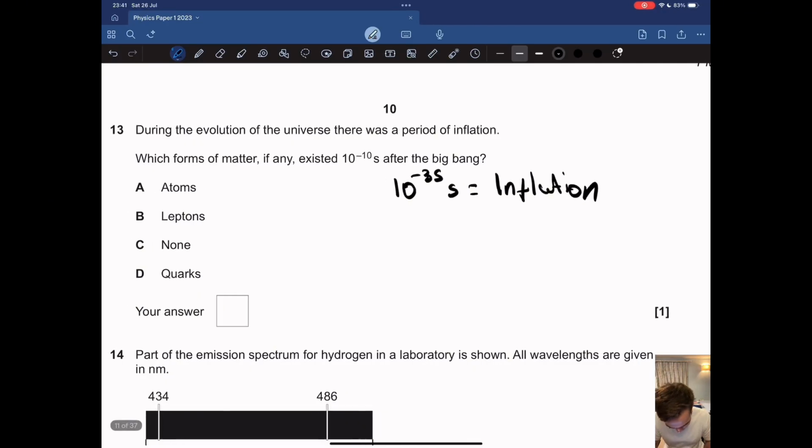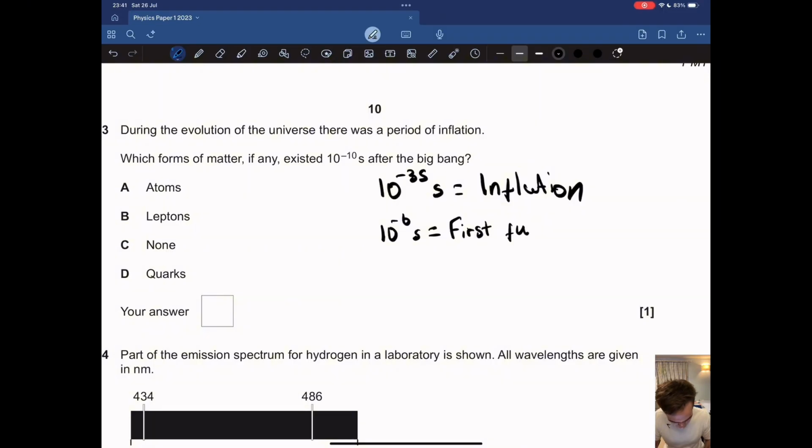At like 10 to the minus 6 seconds, we get our first fundamental particles. Which begs the question, why are we being asked this in this paper? It's paper 1. Knowledge drop. Leptons are fundamental particles.